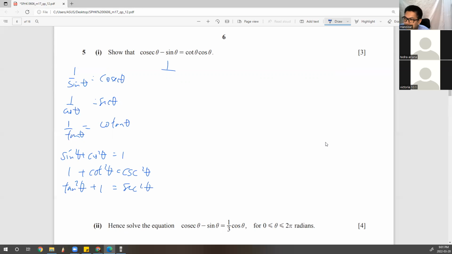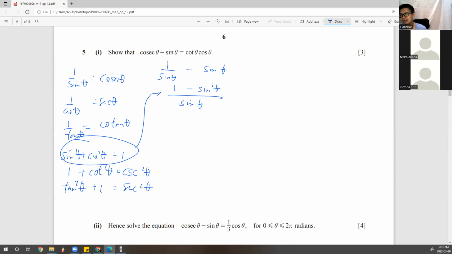Cosecant theta minus sine theta, that is 1 over sine theta minus sine theta, right? I put this as sine theta, whole thing, 1 minus sine square, right? And 1 minus sine square theta is cos square theta, according to this rule, right? I put the sine square to the right side. Cos square theta over sine theta. If I want to show that the left side equals the right side, you maintain one side.